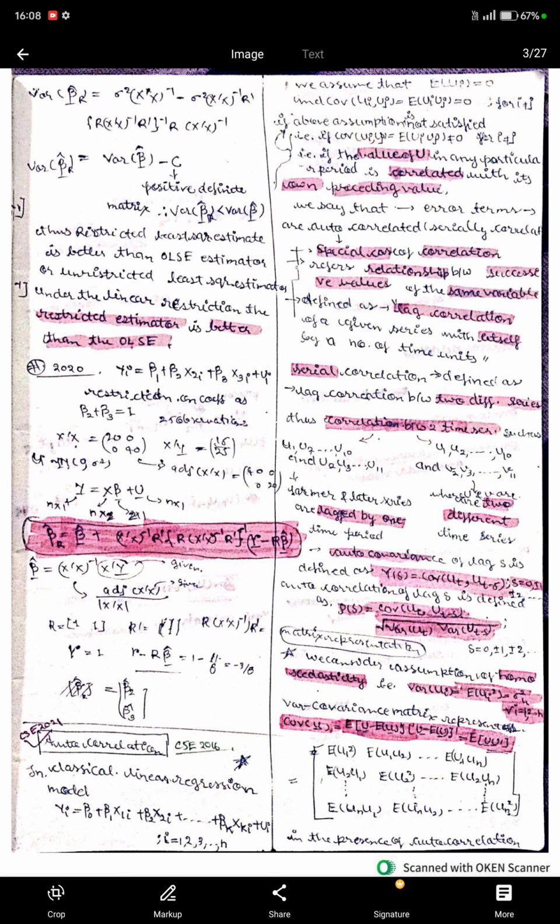Covariance of u equals covariance of u bar, where u bar is the column vector of u, which is the expectation of (u minus expected u bar) times (u minus expectation of u bar) dash, which equals the expectation of u u dash.